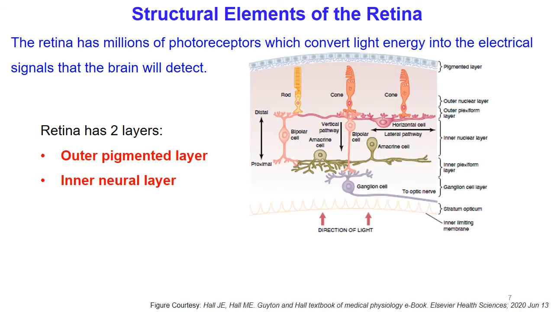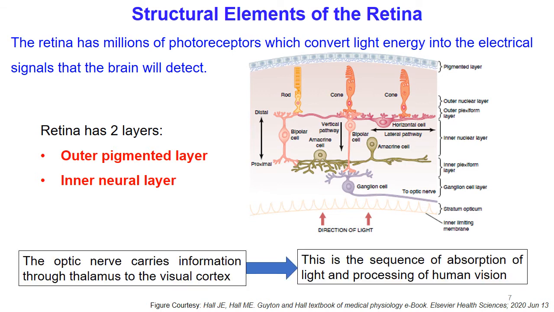This figure shows the functional components of the retina, which are arranged in layers from the outside to the inside. These are the pigmented layer, the outer nuclear layer containing rods and cones, the outer plexiform layer, the inner nuclear layer, the inner plexiform layer, the ganglion cell layer, and the layer of optic nerves or stratum opticum.